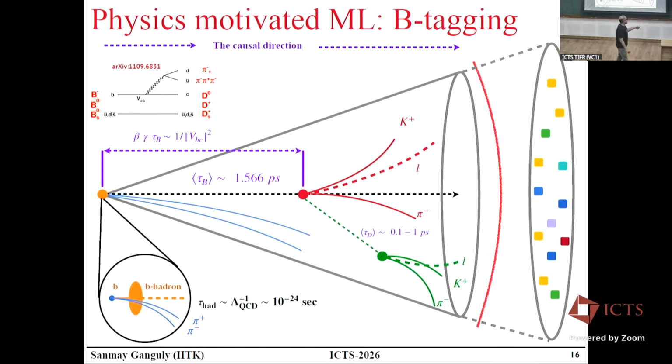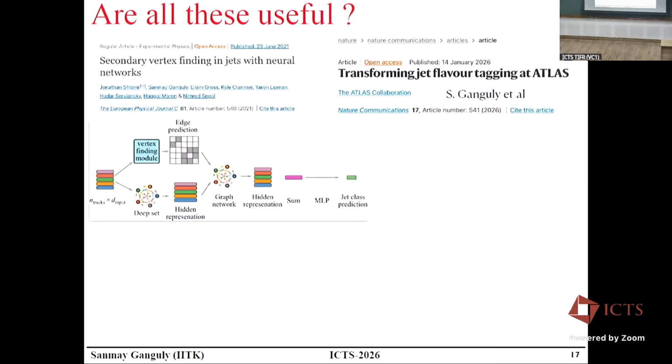So, average tau: a B hadron is a family of particles, each of which has its own lifetime, slightly different from the others. You take some average, and then beta gamma tau is what you measure in the lab. Great. So the whole idea was to take the tracks associated with the jet and train a neural network to reconstruct the secondary vertex inside the jet.